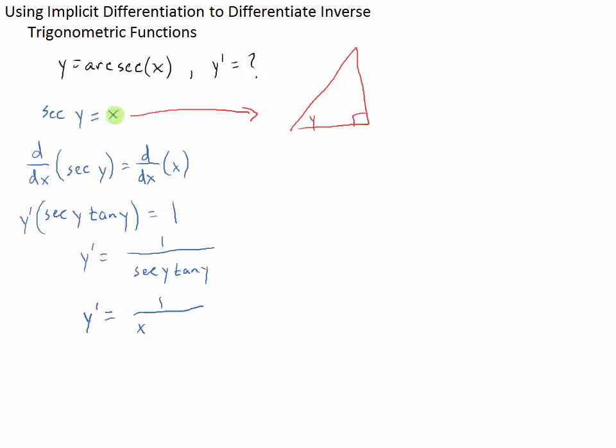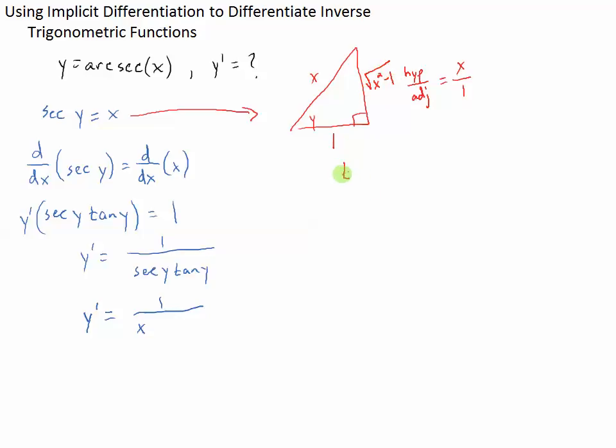Okay, so if secant of y is x, which is x over 1, and secant is hypotenuse over adjacent, then my hypotenuse is x, my adjacent side is 1. My opposite side then would be the square root of x squared minus 1.